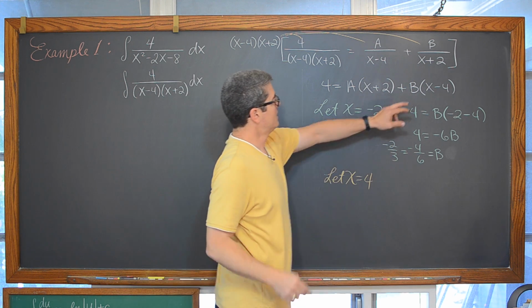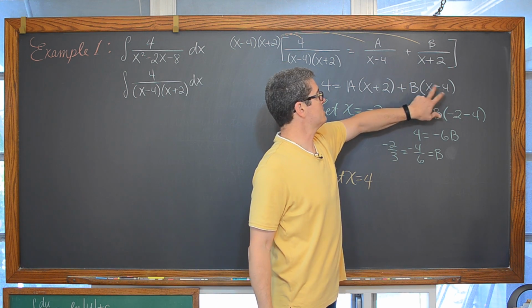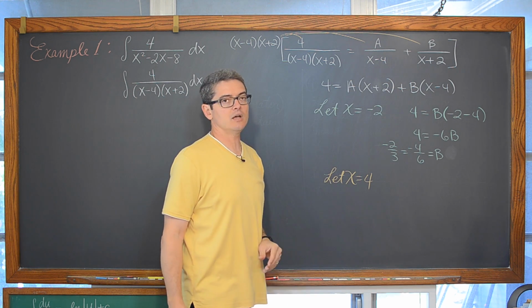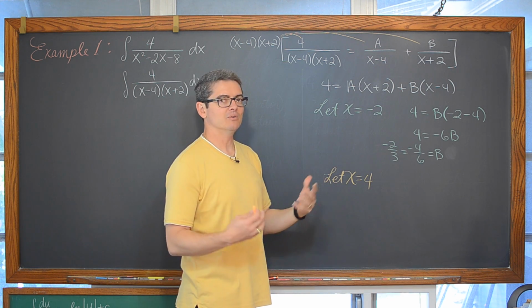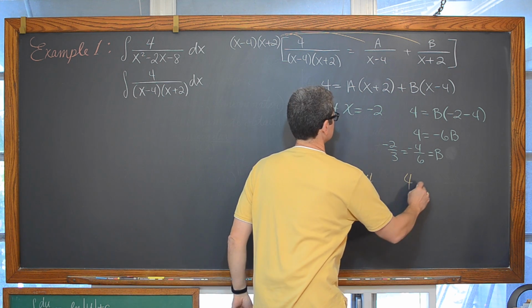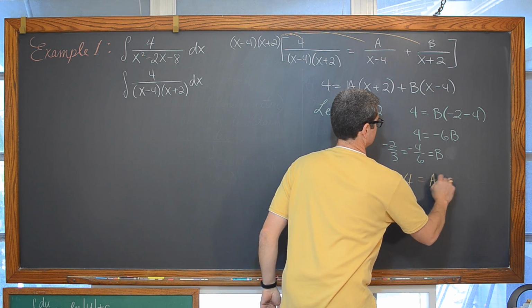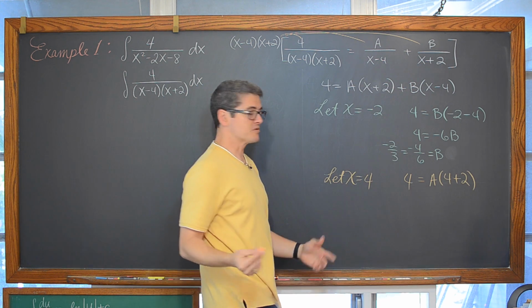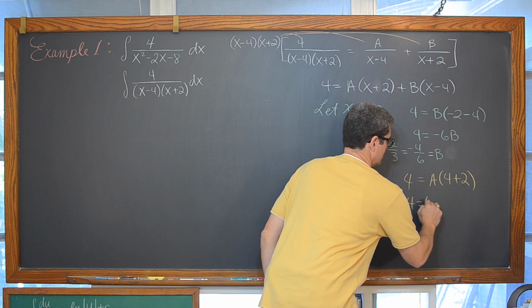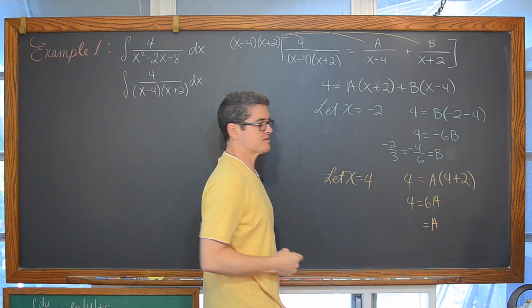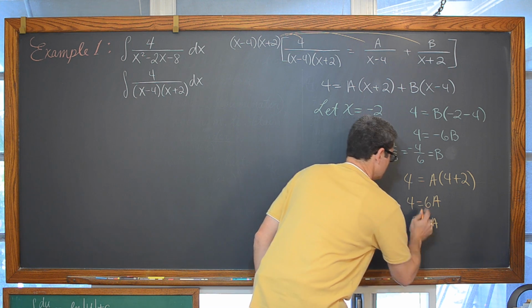Well, if we do that, 4 minus 4 is 0. 0 times b is 0, so that term goes away, and we'll have a version of this equation left that only has a variable of a in it. 4 plus 2 is 6. And a is going to be, after dividing by 6 and reducing, 2/3.